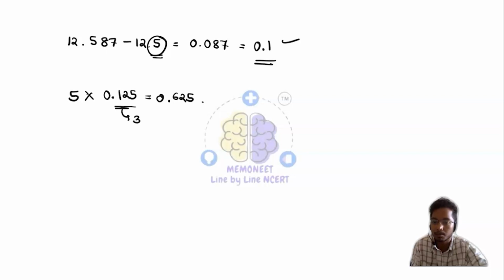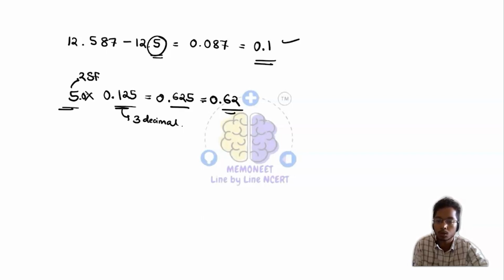In this decimal number we have 3 decimal places, but here we have 5, let's say we take it as 5.0. Here we have 2 significant figures, so the result should have 2 significant figures, that is 0.62. So this will be the answer for this.